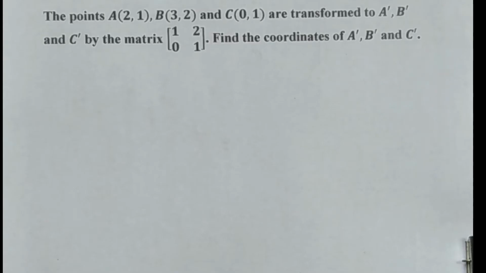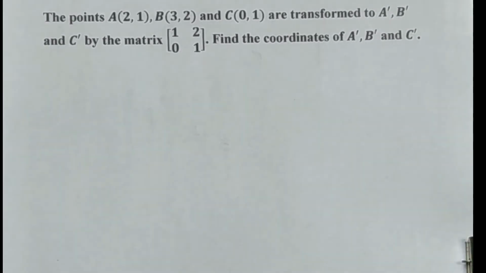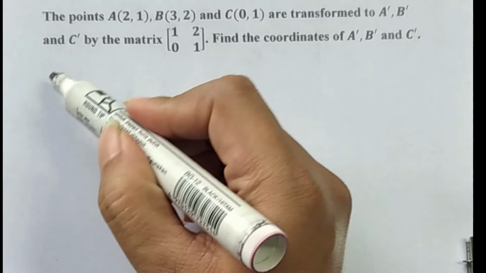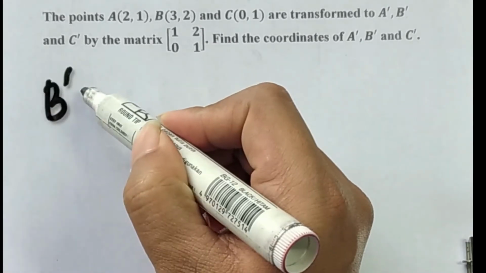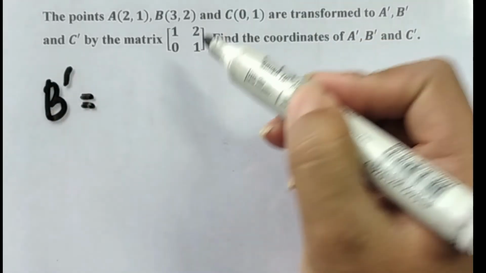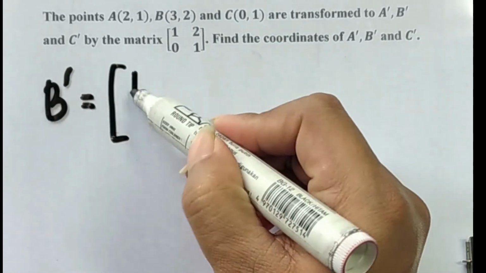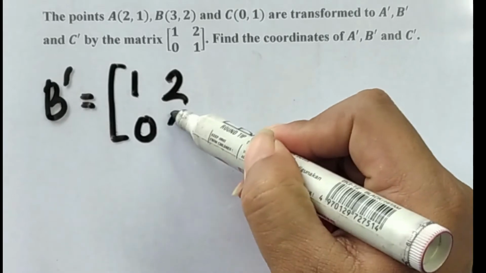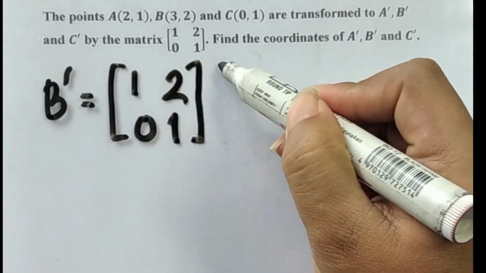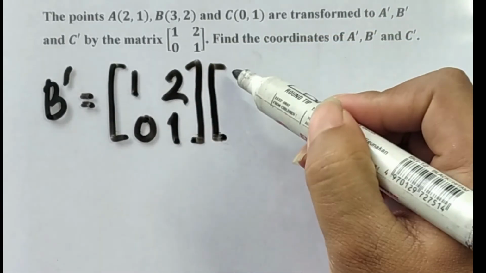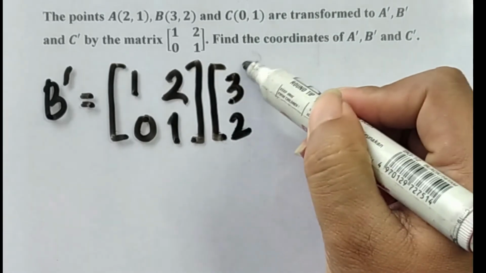Next, finding B accent is the same way as finding A accent. B accent equals the multiplication between the matrix and the coordinate of B: 1, 2, 0, 1 multiplied by B. Make it as a matrix 3, 2.